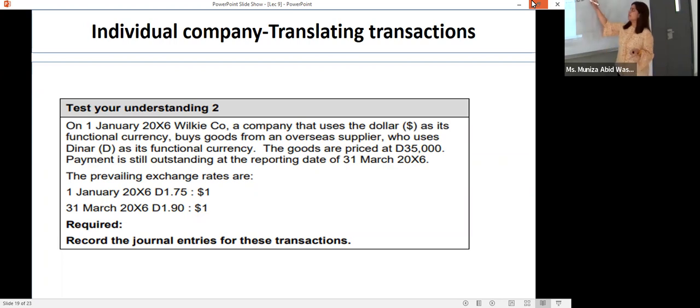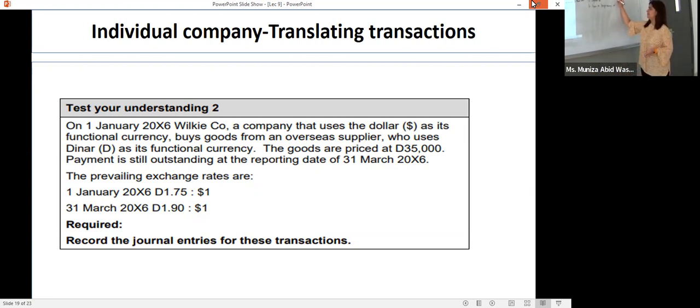They have just decreased. In that case, the decrease in payables, the decrease in liabilities, has to be debited. And the credit will be the gain, gain on foreign exchange rate. How much gain will be there? 20,000 minus 18,421. How much? 1,579.